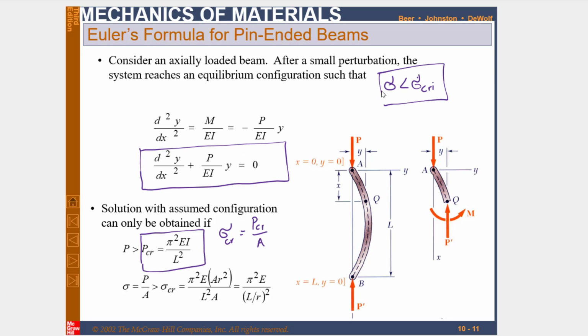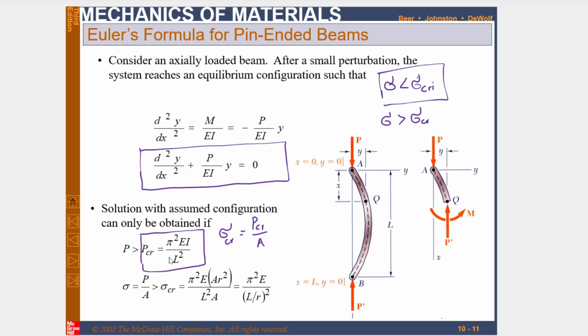If your applied stress is greater than critical stress, the system will not be stable. You can see that if you want to find this deflection for this system when P is greater than P critical, you can use this solution.